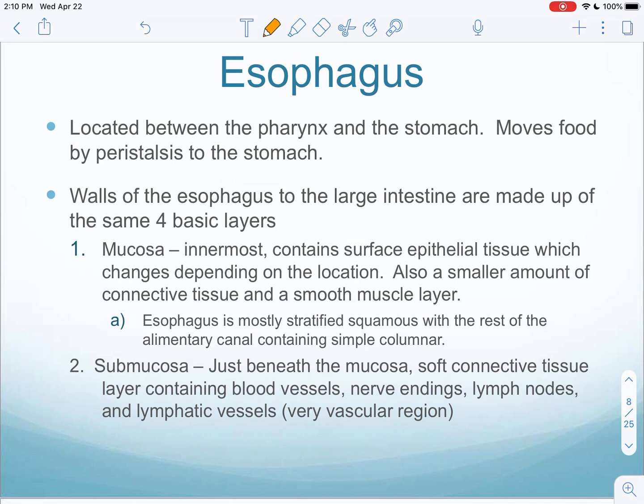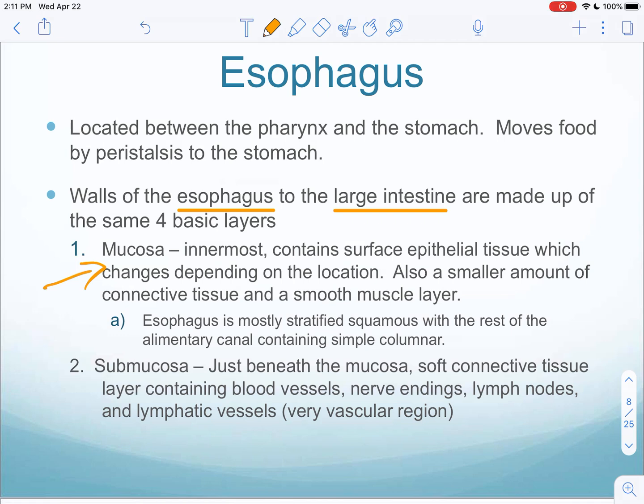And starting here, we have 4 basic layers that go from the esophagus to the large intestine. They have all of the same 4 basic layers, starting with what's called the mucosa. The mucosa is the innermost lining, and that's what your food is going to be coming in contact with as it passes through.